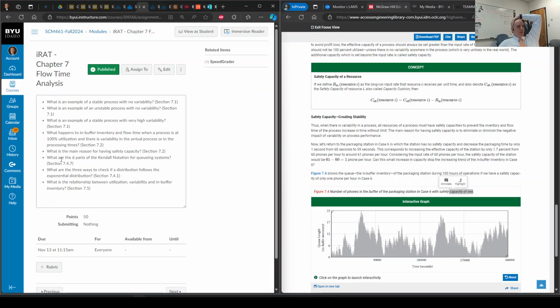Next bullet, what are the 6 parts of the Kendall notation for queuing systems? This is from the 1953 Kendall notation, and this is in section 7.4.7. And there are 6 parts. So this question deals with what are those 6 parts.